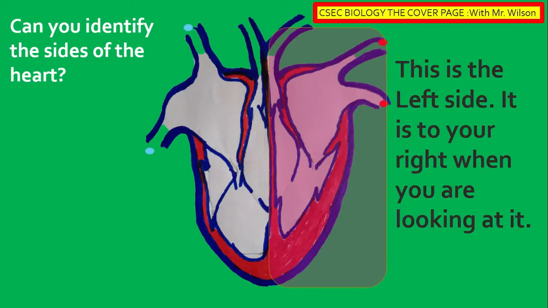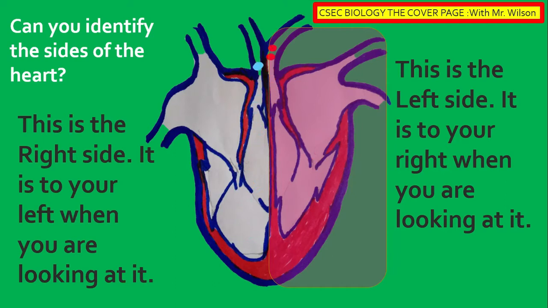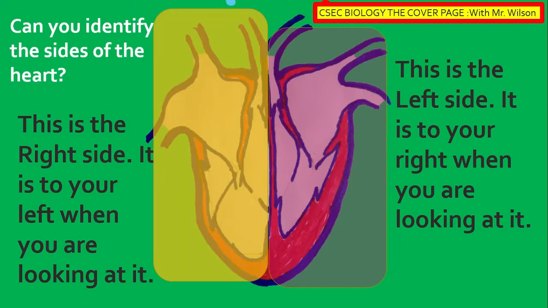Can you identify the sides of the heart? Now, this is the left side. It is to your right when you're looking at it, and of course the other side is going to be the right side. Now, it's important to note, while you're looking at the heart, it is as if you're looking at a patient lying on his or her back.